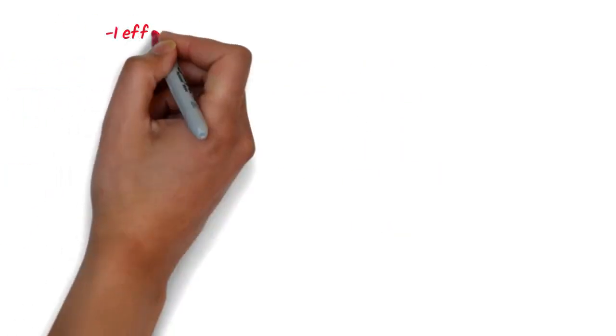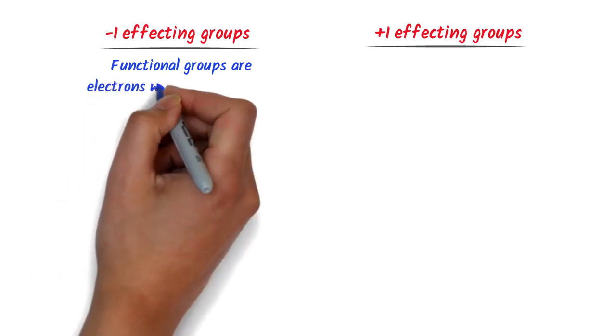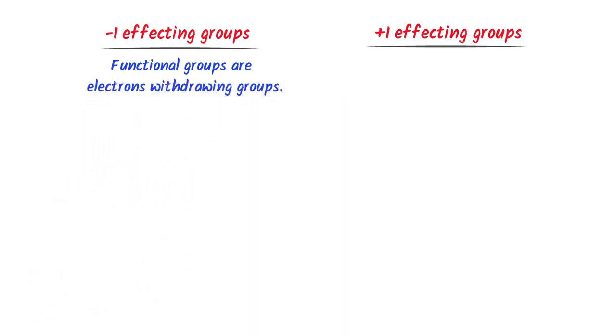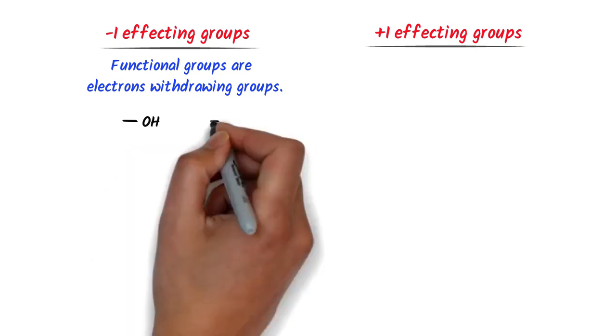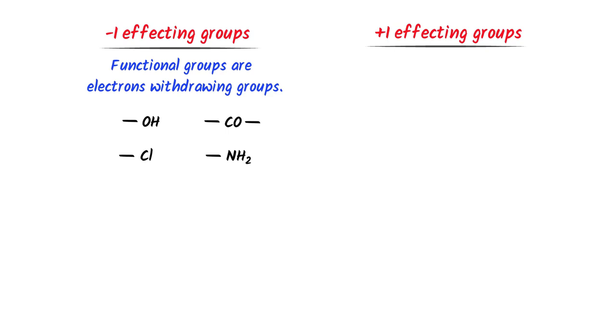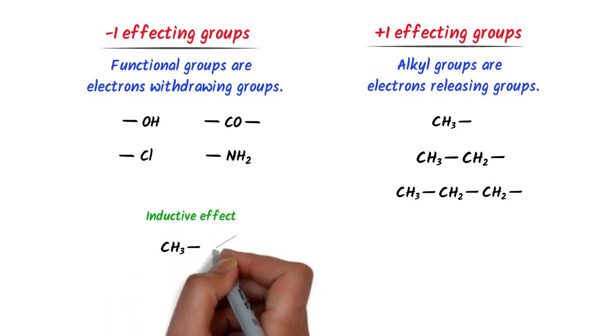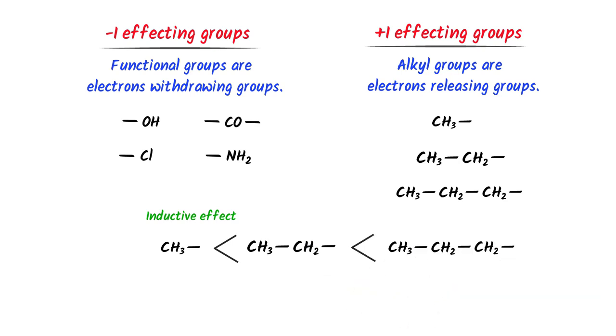Lastly, let me teach you negative I affecting groups and positive I affecting groups. Remember that all functional groups are electron withdrawing groups, or negative I groups, like OH, CO, Cl, NH2, CN, etc. On the other hand, all alkyl groups are electron releasing groups, or positive I groups, like methyl, ethyl, propyl, etc. Also remember that methyl has less inductive effect than ethyl and ethyl has less inductive effect than propyl.